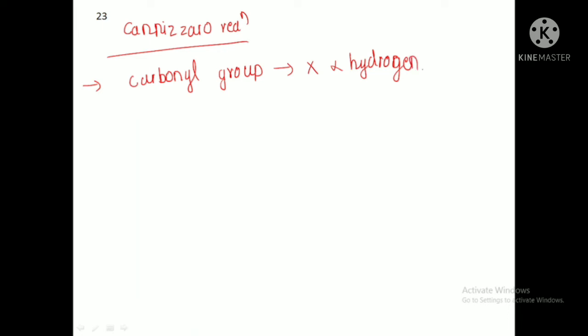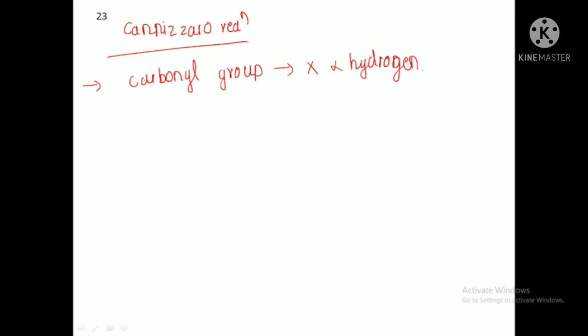An alpha hydrogen atom should not be there on the carbonyl carbon atom. And here a disproportionation reaction will take place. That means oxidation and reduction take place simultaneously. That type of reaction is called a disproportionation reaction. The Cannizzaro reaction is an example of a disproportionation reaction.